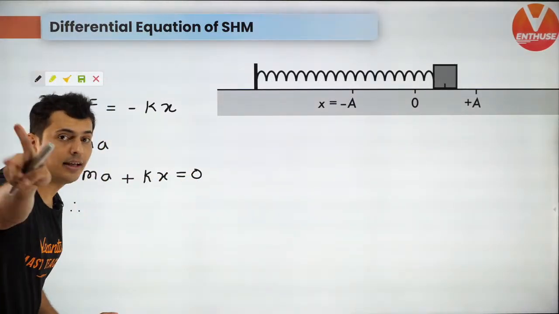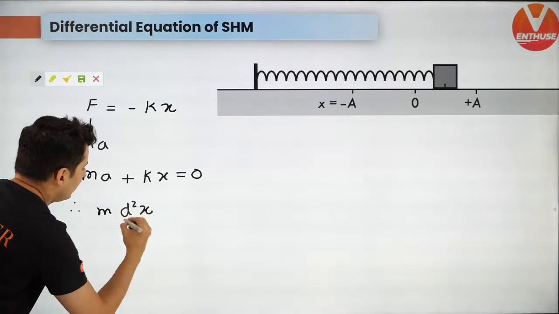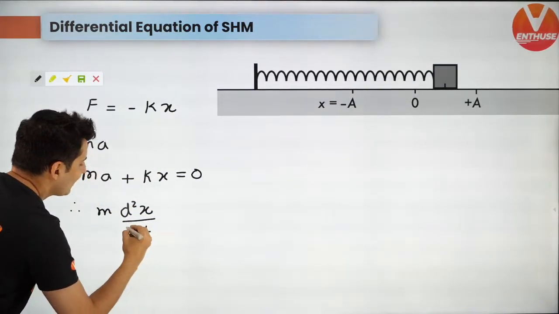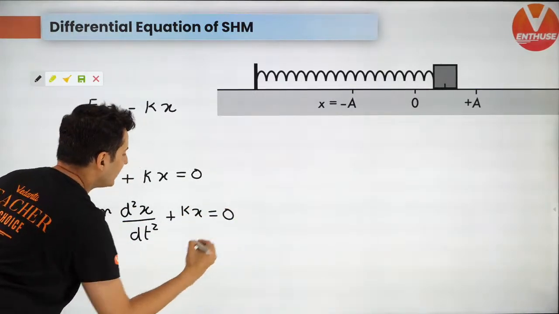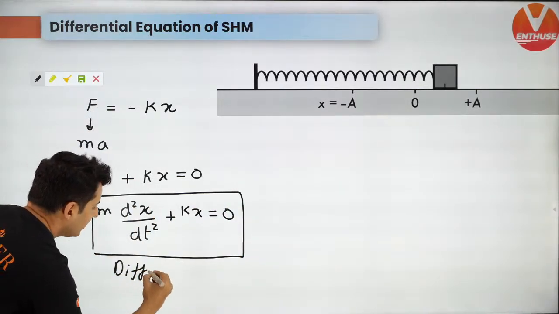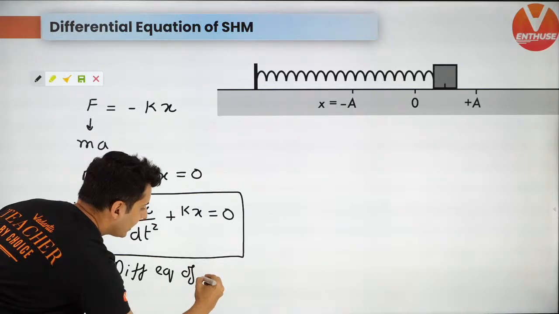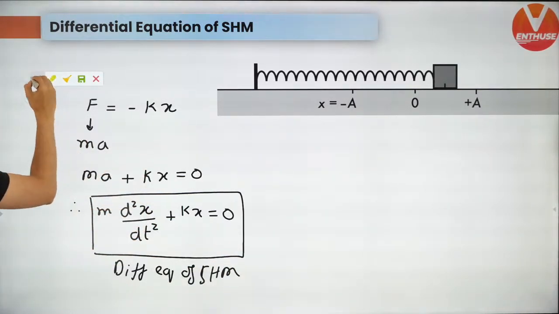It's the second derivative of x. So it will look like this: m times the second derivative of x with respect to time plus kx is equal to 0. This is nothing but the differential equation of SHM.